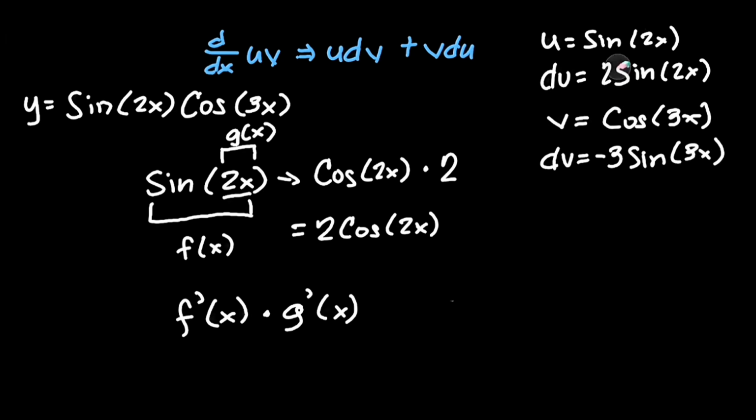I made a mistake here. This should be cosine, not sine. Now, the explanation for this also is based on the chain rule. Let's say this is cosine of 3x.